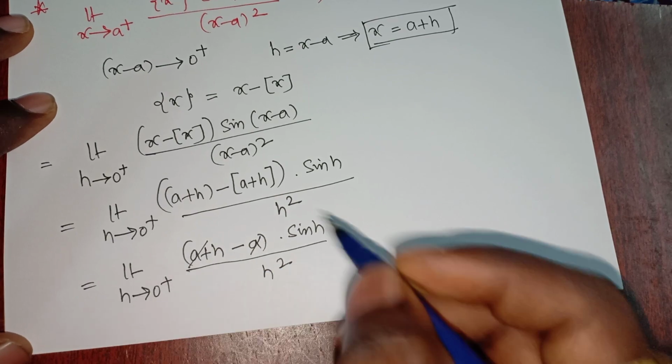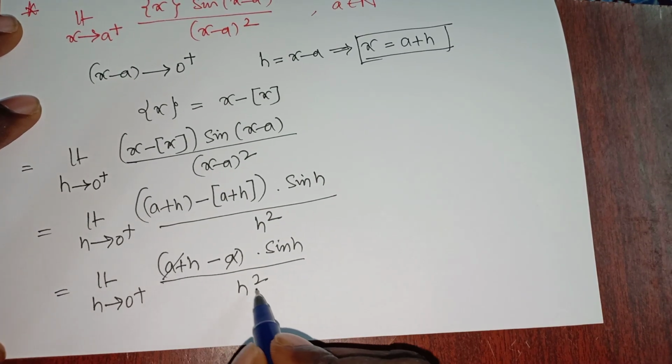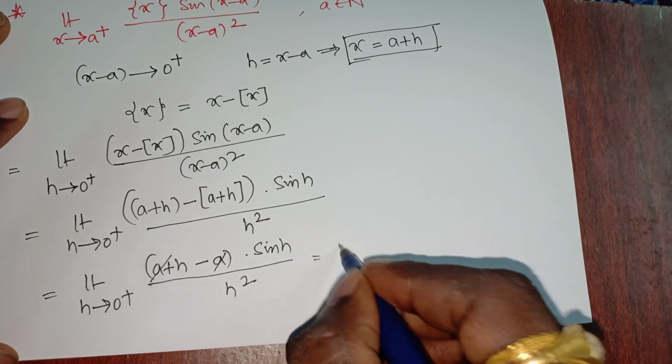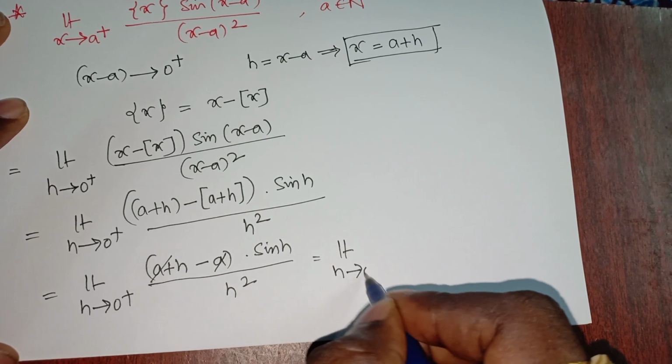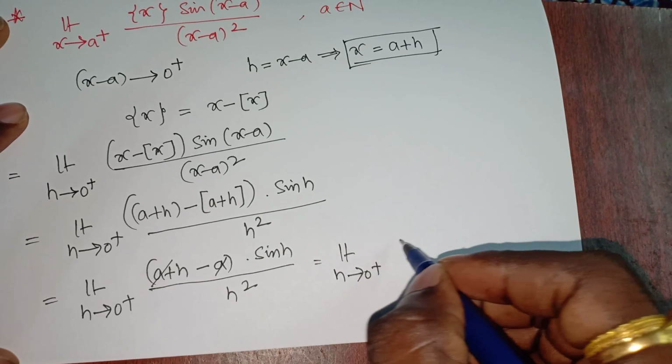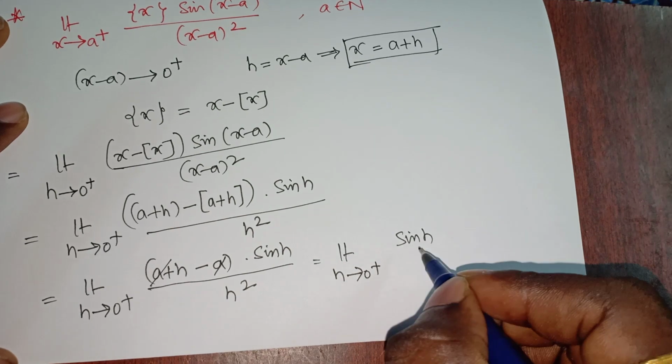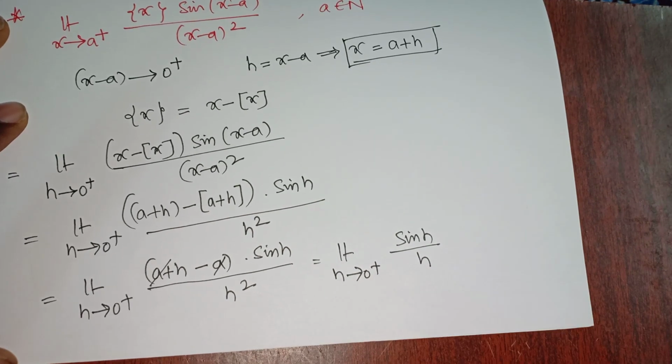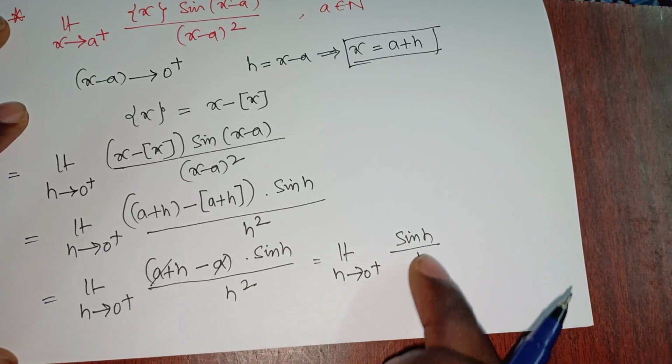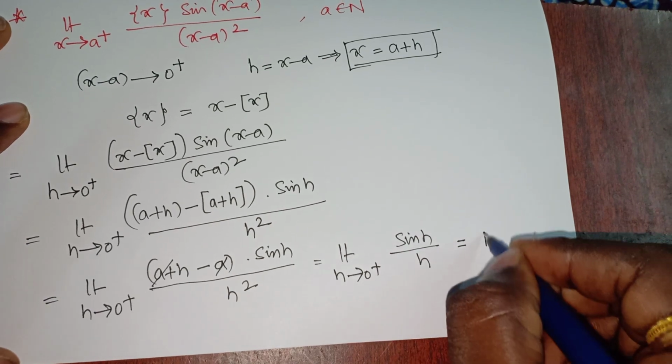Now h gets cancelled. Now see what happens: limit h tends to 0 plus, sine h by h finally. Now limit h tends to 0 plus, sine h by h is what? 1.